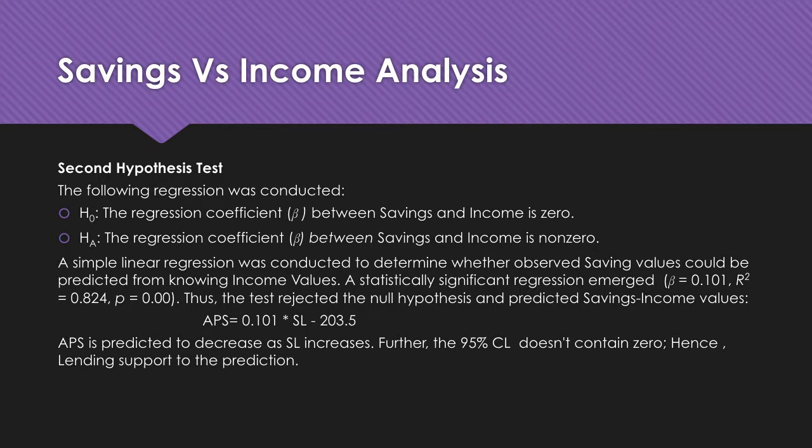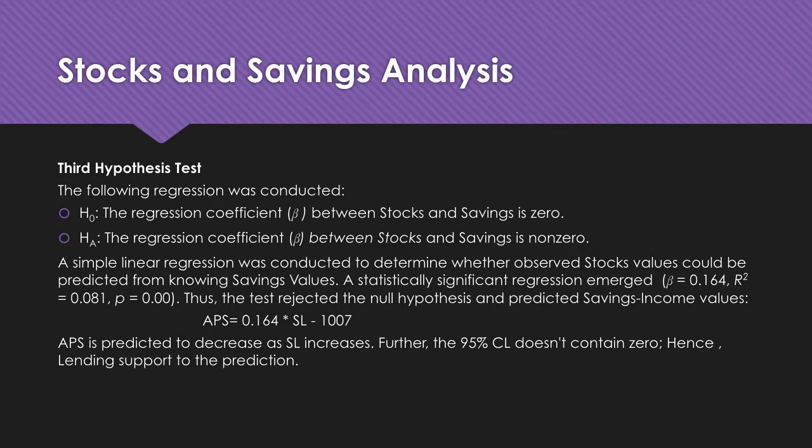The final test which we did was the stocks versus savings analysis, the third hypothesis test. The null hypothesis here was that the regression coefficient beta between stocks and savings is 0, and the alternative, that the regression coefficient between stocks and savings is non-zero. A simple linear regression was conducted to determine whether the observed stocks values could be predicted from knowing the savings values.